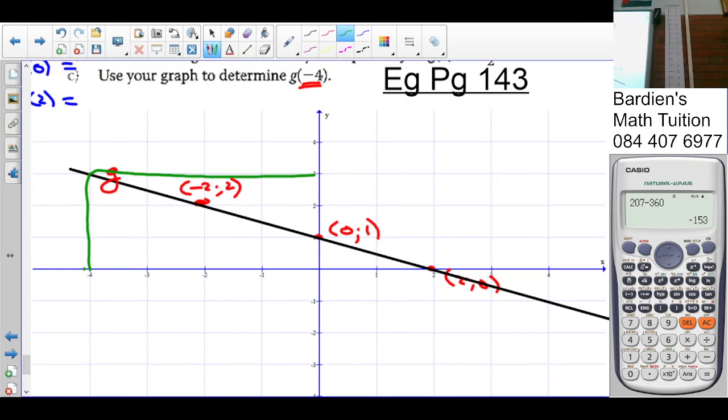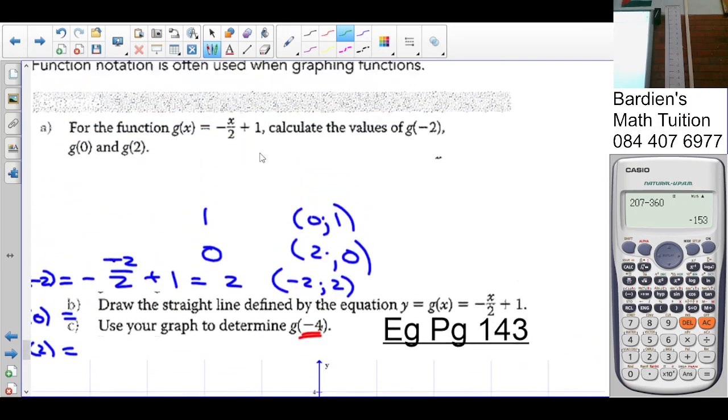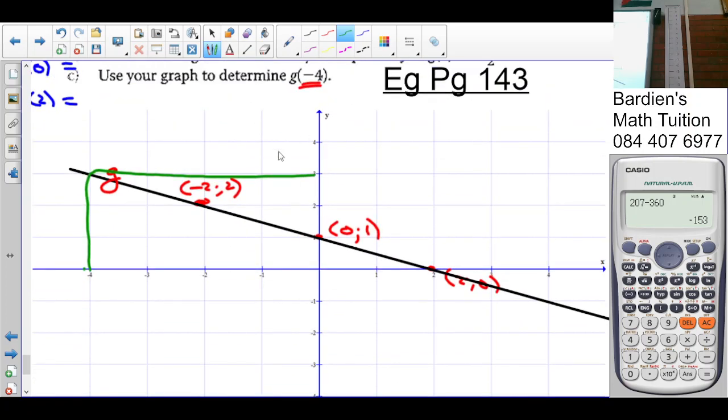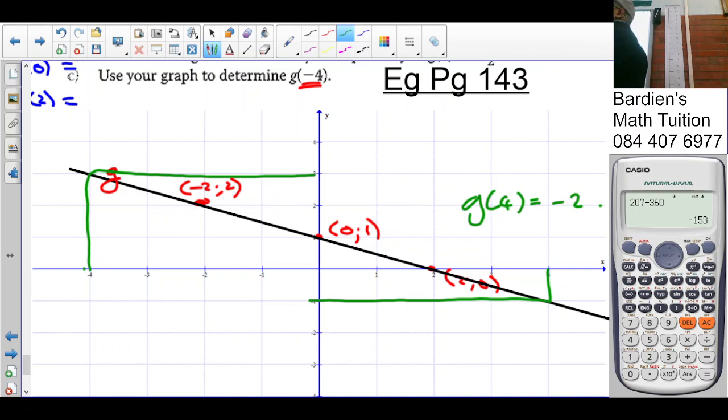If I had substituted minus 4 into g of x, minus 4 over negative 2 is 2, plus 1 is 3. So I could read it off from the graph. What is g of 4? It's going to be negative 2. Can you see that?